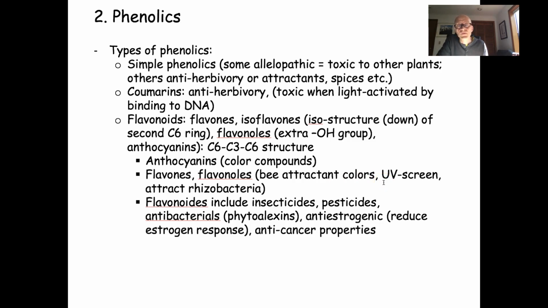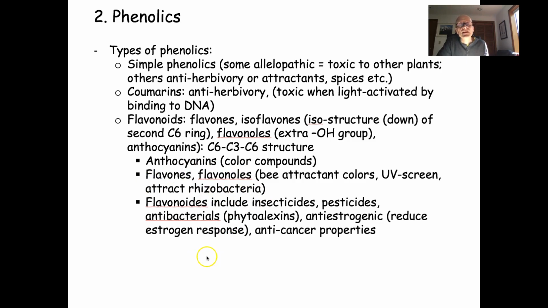So remember that UV is not just bad for human skin, it's also bad for anything that has DNA, because UV will mutate DNA. And so having a substance that covers the DNA, or that covers the outside of the cells, of the tissue really, will help against mutation, and is used as attractant for rhizobacteria.